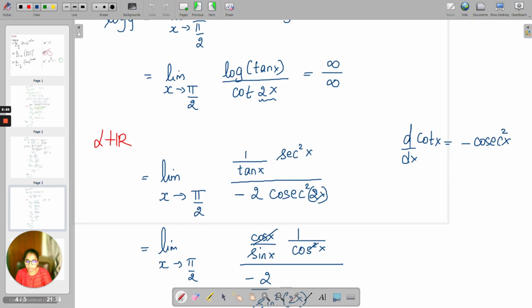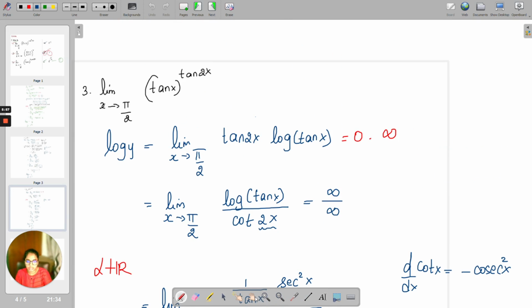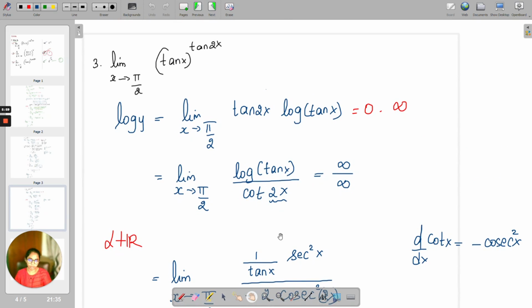So how did we solve this? Since we have tan x to the power tan 2x, we took y equal to the given expression and applied log on both sides. As we know, log a to the power b is b log a. We used that and simplified the expression and found an indeterminate form, 0 into infinity.